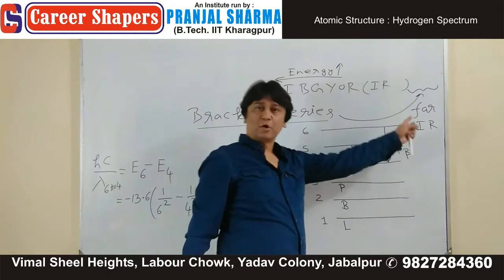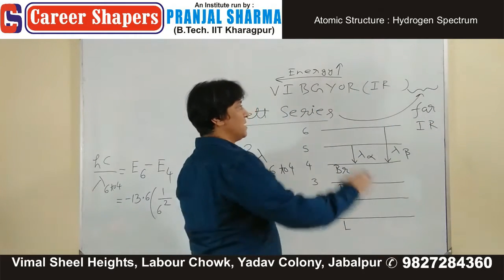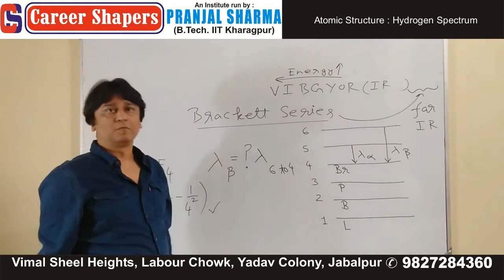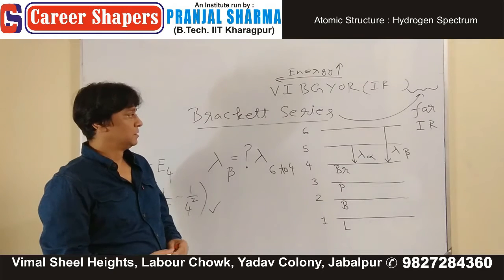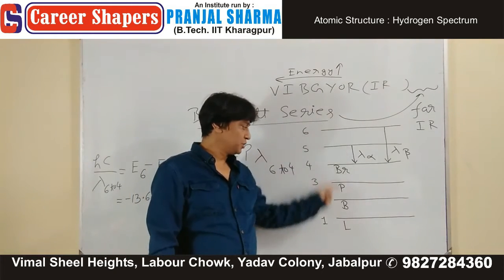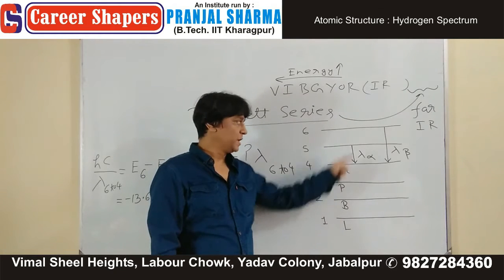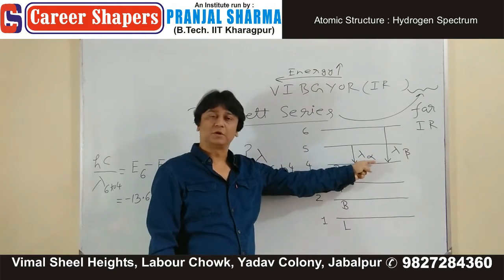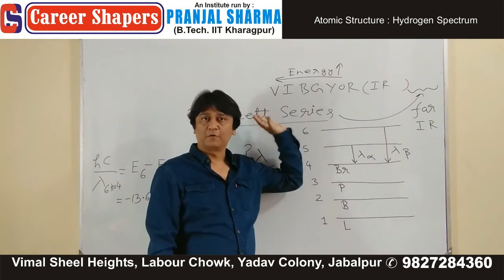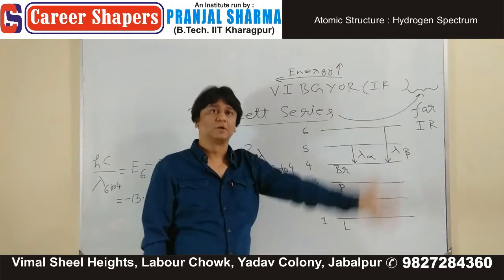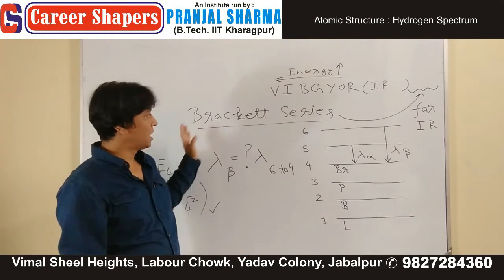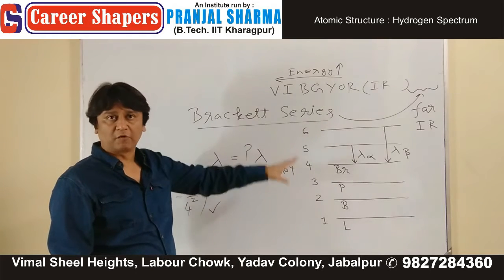You don't have to worry about this far infrared, but remember, as you move in this direction, energy is going to decrease. It's also very obvious, if you take a jump from this position to this position, or from this position to this position, you can see that this is a much smaller jump, and therefore energy release will also decrease. So this is the far infrared region, but energy is decreasing.